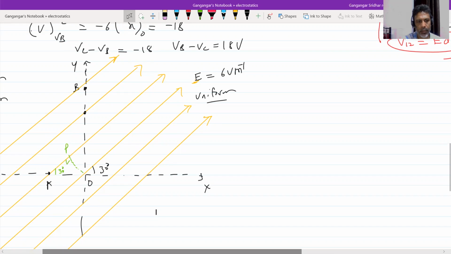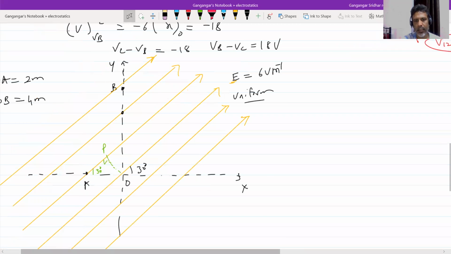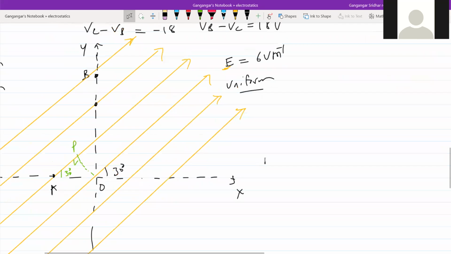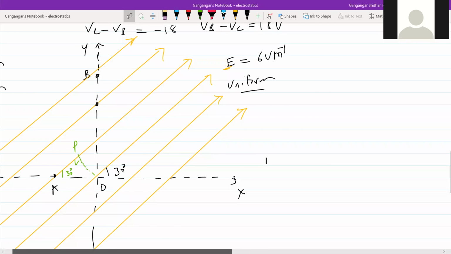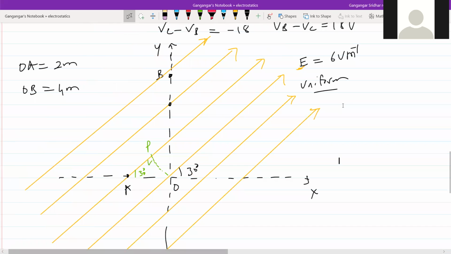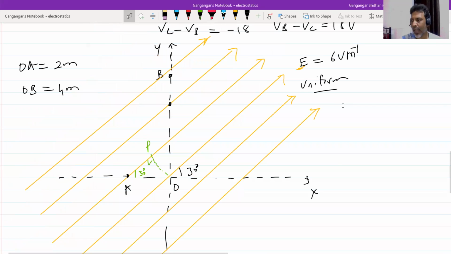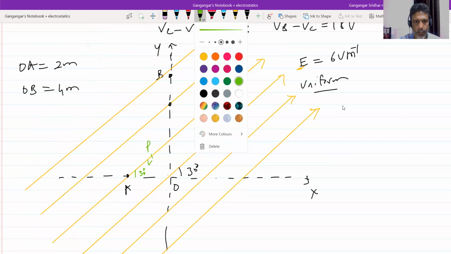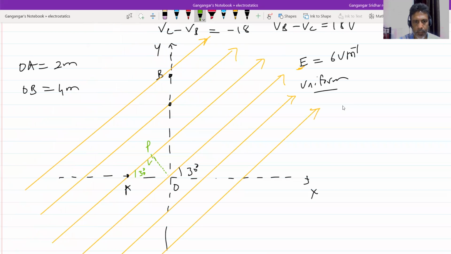Is it okay now? See things clearly. We can do it like this, no? So that particular angle will become 30 degrees. Can we calculate distance AP?